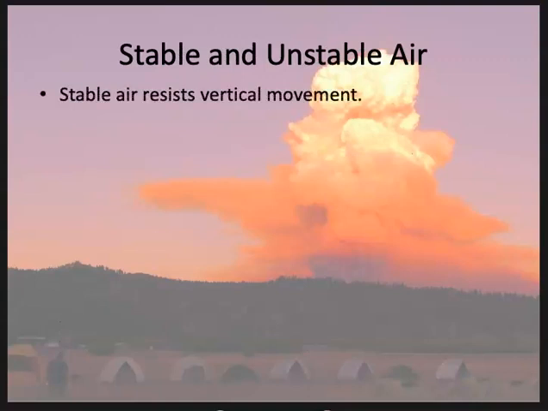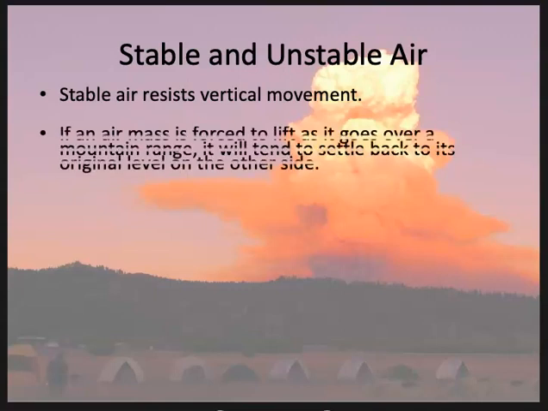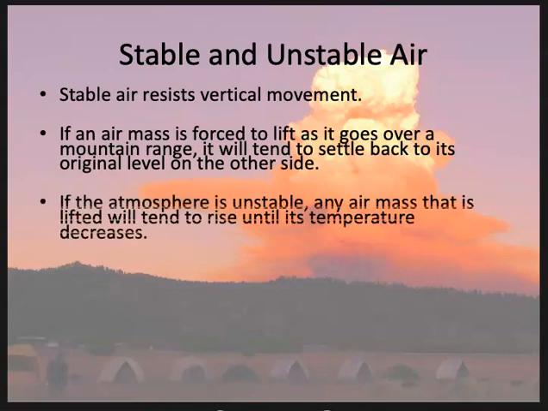So we need to realize that stable air resists vertical movement, and if an air mass is forced to lift as it goes over a mountain range, it's going to tend to settle back to that original level on the other side, because that's where it wants to be, because it's stable. If the atmosphere is unstable, any air mass that is lifted will tend to rise until its temperature decreases.